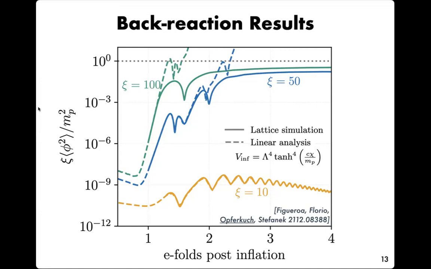Here I've snuck in a cheeky m Planck squared in the denominator to normalize these field excursions. So for these large values of the non-minimal coupling, doing the full lattice simulation is very important. On the other hand, if you have a smaller value of C, the lattice and the linear analysis agree very well with one another out to large times.